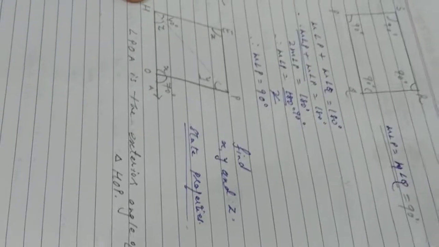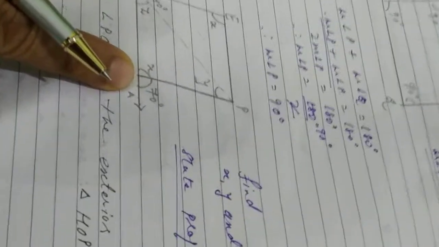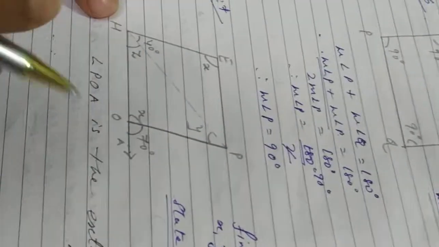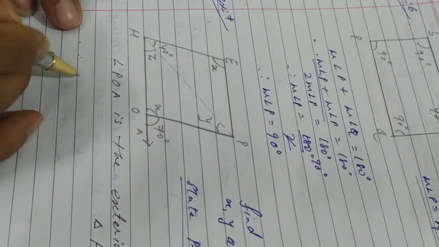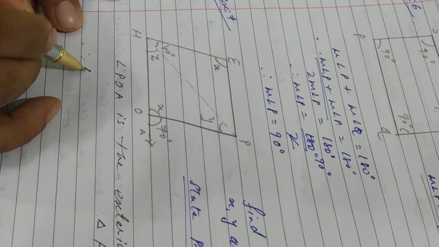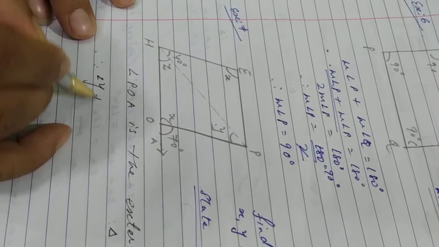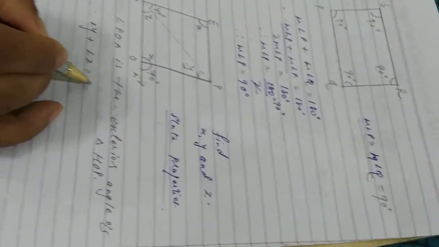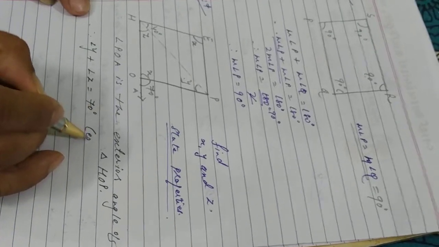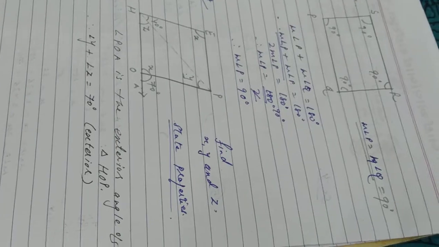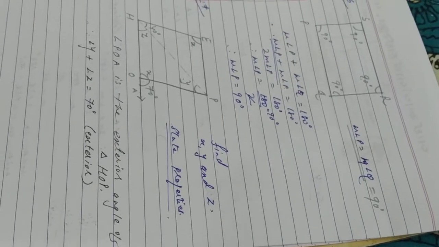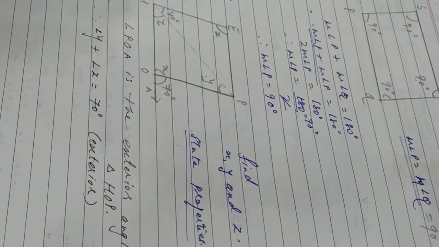Therefore, angle Y plus angle Z is equal to 70 degree, because the sum of two opposite interior angles is equal to the exterior angle.